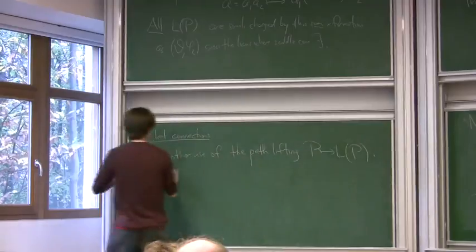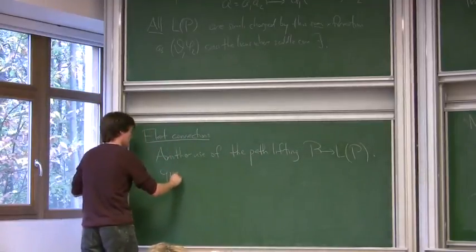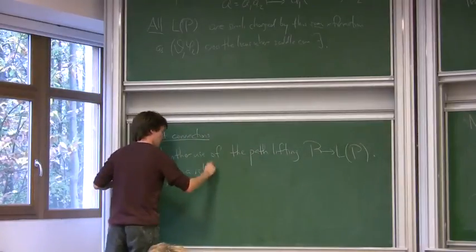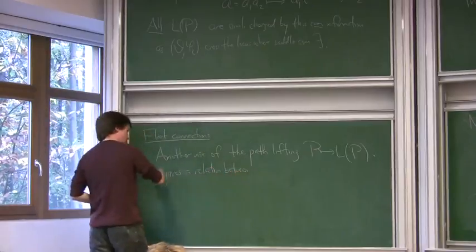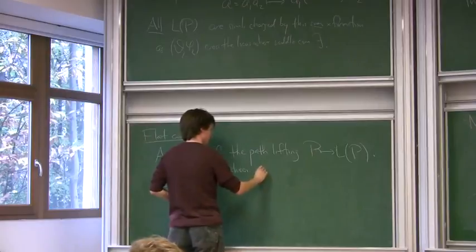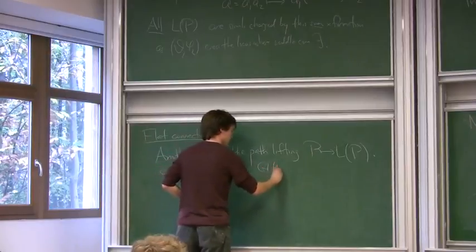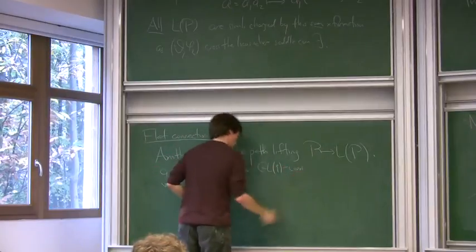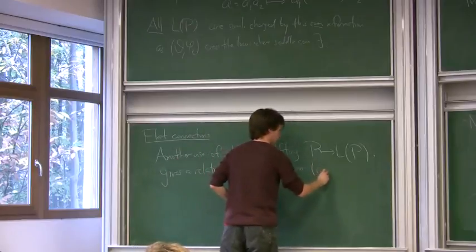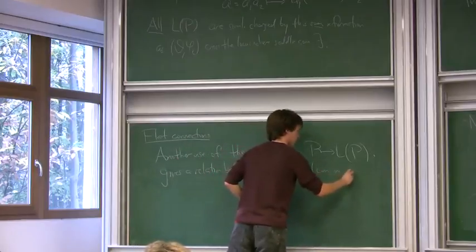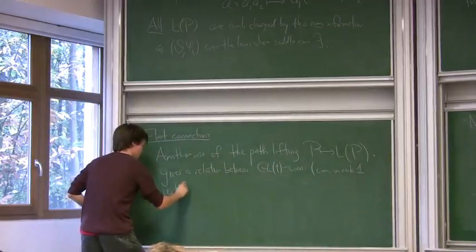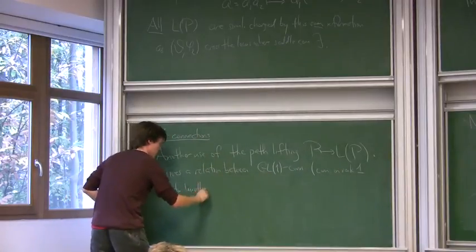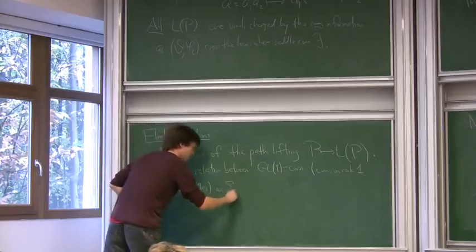It gives a relation between GL1 connections, in other words, connections on rank 1 vector bundles on sigma.